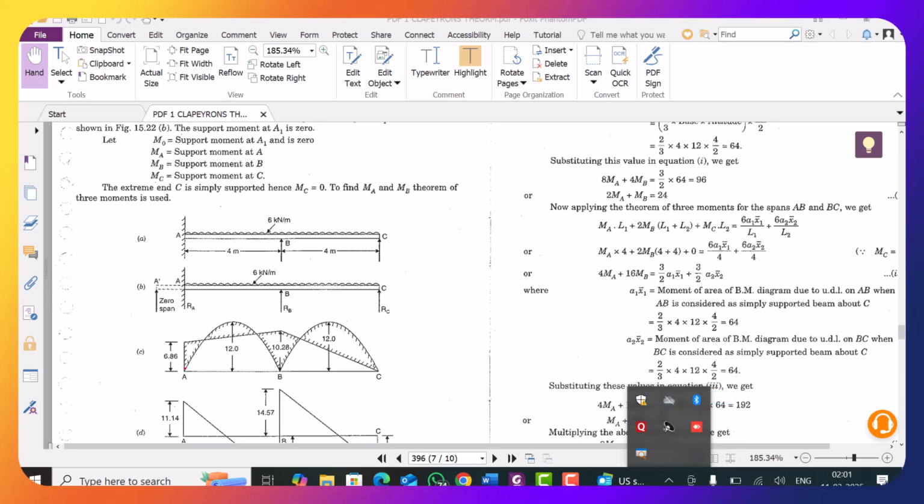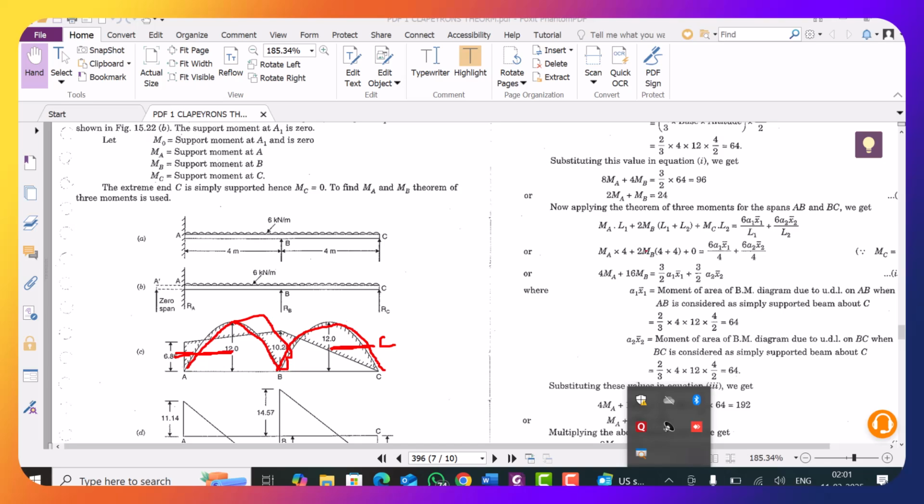A1 is the area under this bending moment diagram, right? And x1 is this distance, that is 4 by 2, that is 2 meter, plus 6 A2 x2 upon L2. A2 is the area under this bending moment diagram, and x2 is this distance, that is also 2 meters, the distance of centroid of parabola from C.